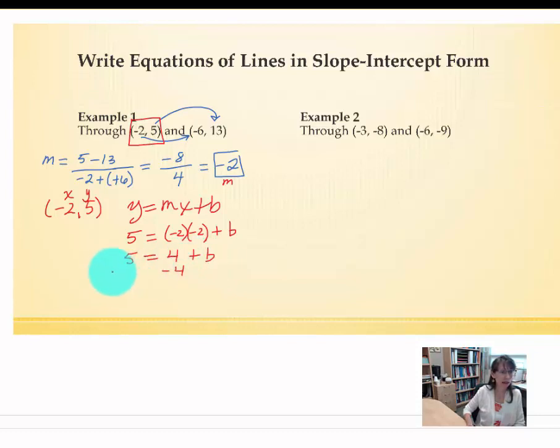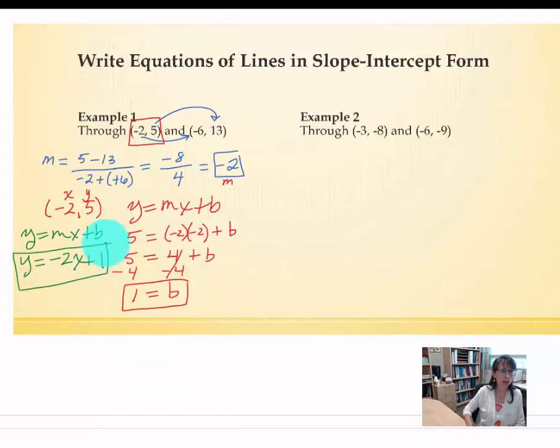We'll be subtracting 4, so that leaves us 1 equals b. Since we know the y-intercept and we know the slope of the line, we should be able to write the equation of the line. So thinking y equals mx plus b, y will equal slope of -2 times x plus 1. And now we have the equation of our line.